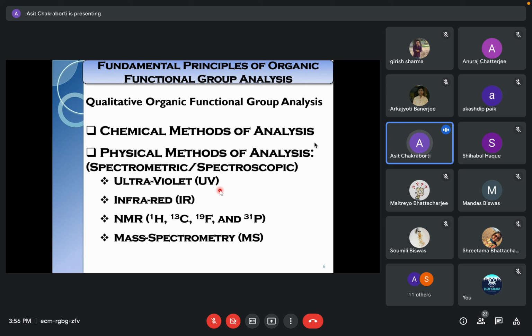Now, I told you that when you change the structure, you are going to change the lambda max value. Under what condition may there not be any change in the purity of the compound, but the epsilon value also changes? Which structural parameters are associated with a change in the epsilon value?